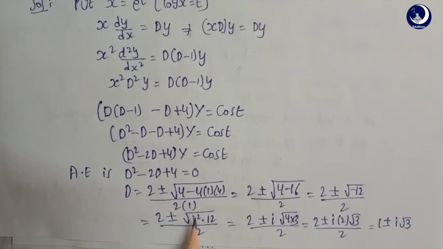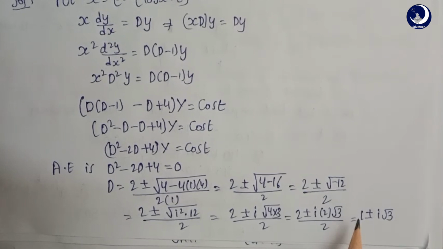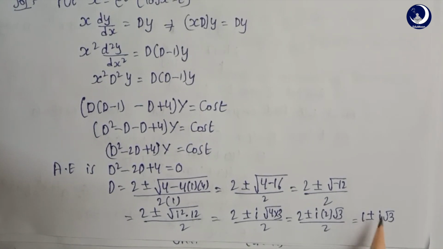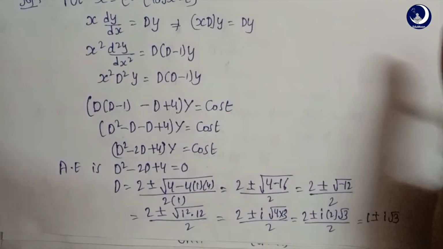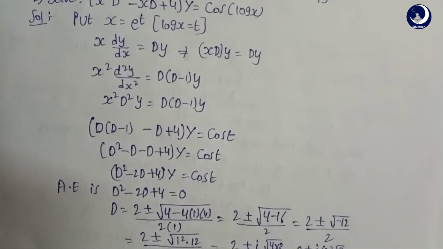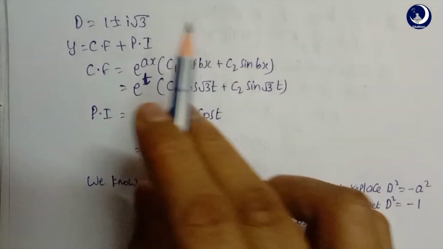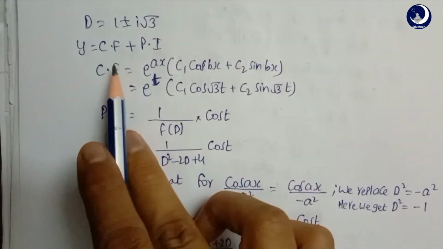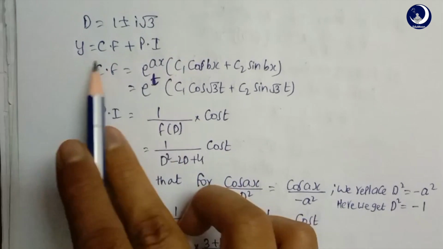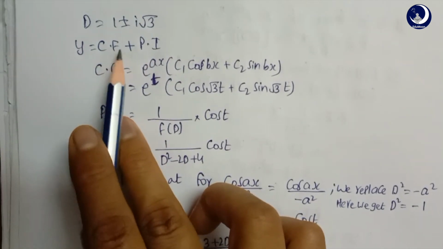By solving this, I got imaginary roots, where 1 is the real part and root 3 is the imaginary part: 1 plus or minus i root 3. So D equal to 1 plus or minus i root 3, and y equal to CF plus PI, the general solution. So we have to find CF and PI.